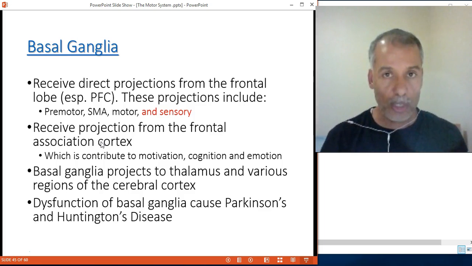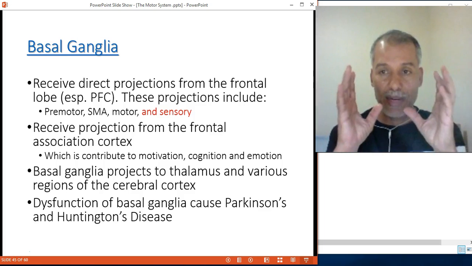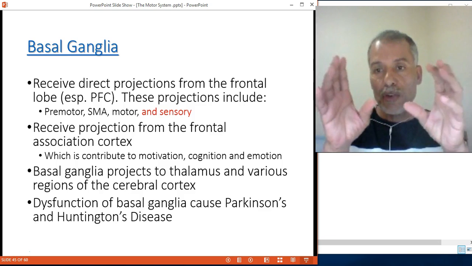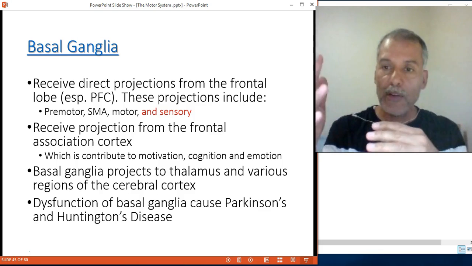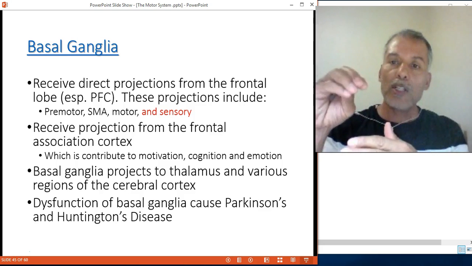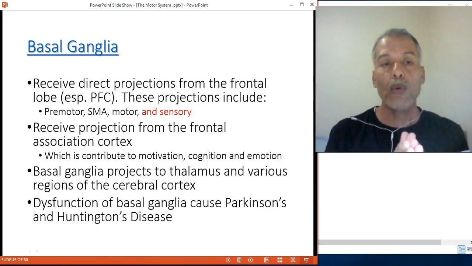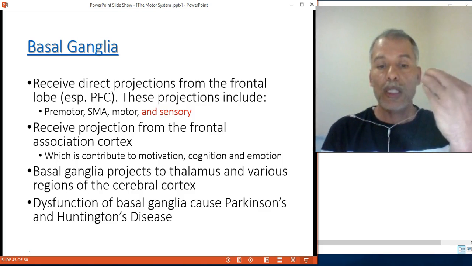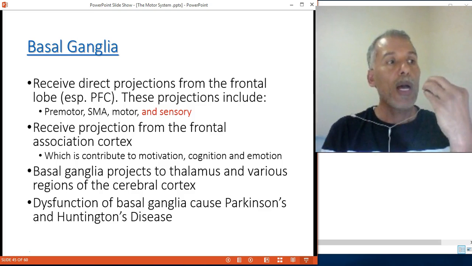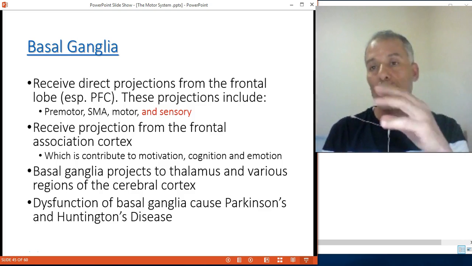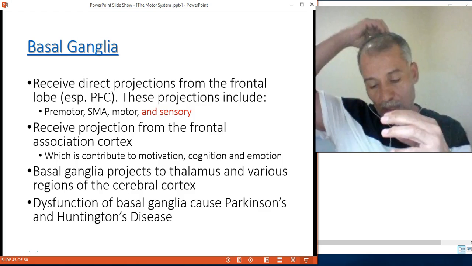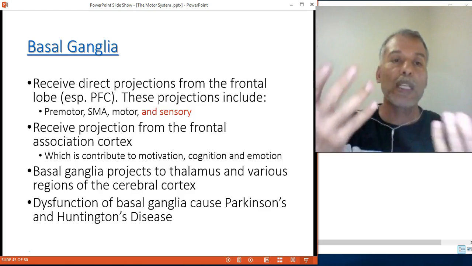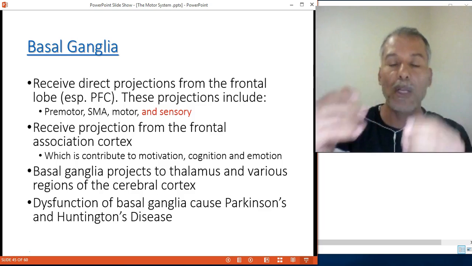Remember, an association cortex is a cortex area that connects more than one sensory channel with another, like hearing, vision, touch, and so on. So the frontal cortex connects centers that have working memory and attention with centers that have emotion, and the parietal cortex that has sensory, touch and stuff like that.